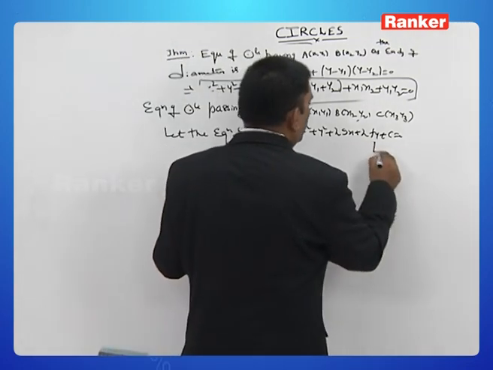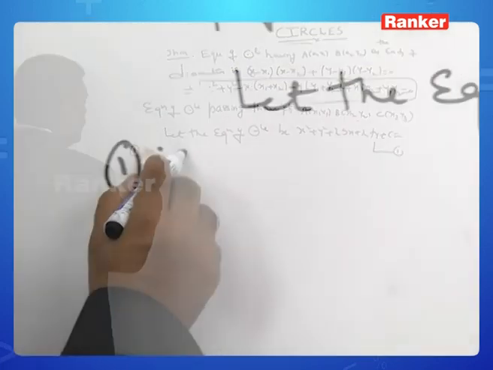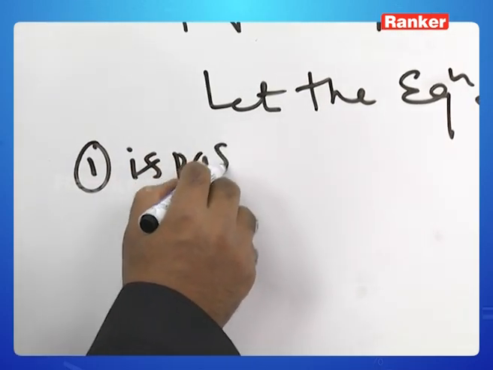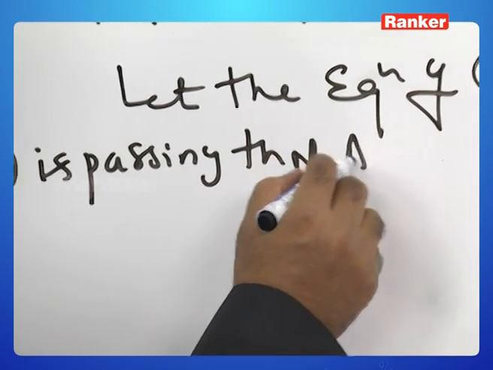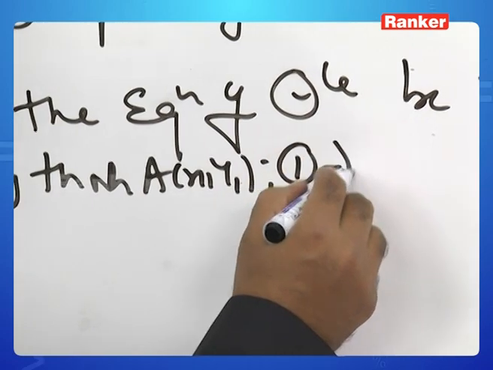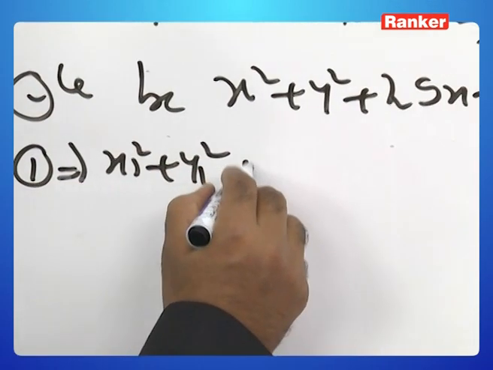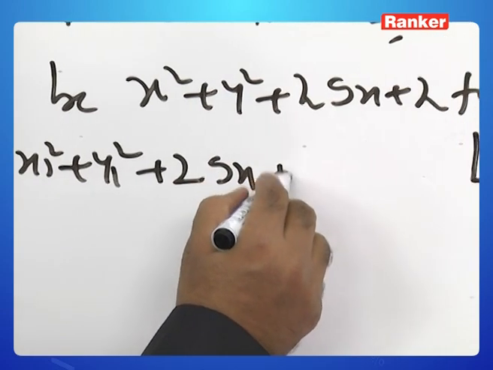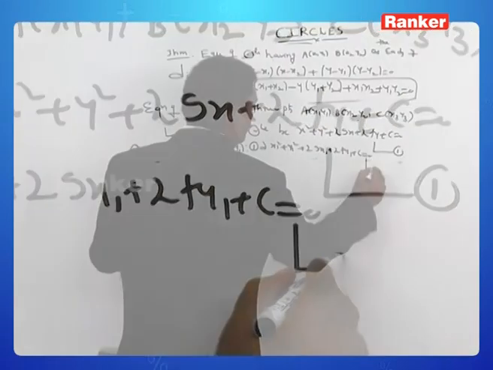You call it 1. Now 1 is passing through A of x1, y1. This implies x1 square plus y1 square plus 2gx1 plus 2fy1 plus c is equal to 0. You call it 2.